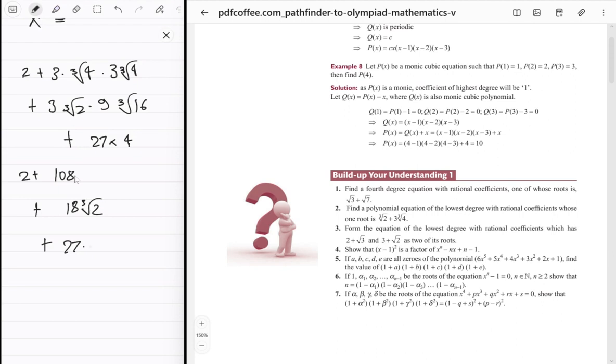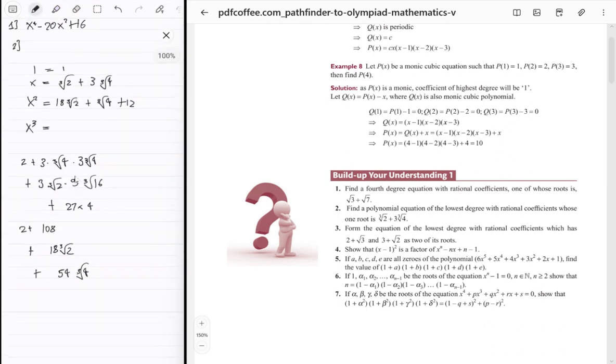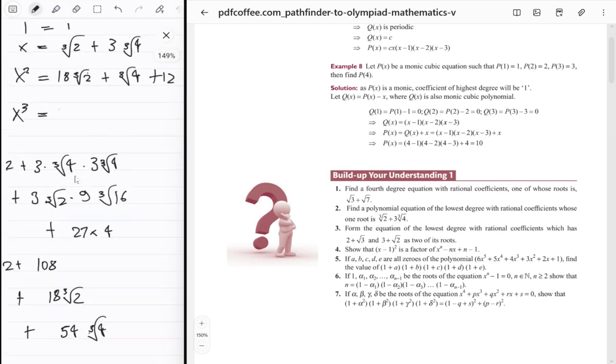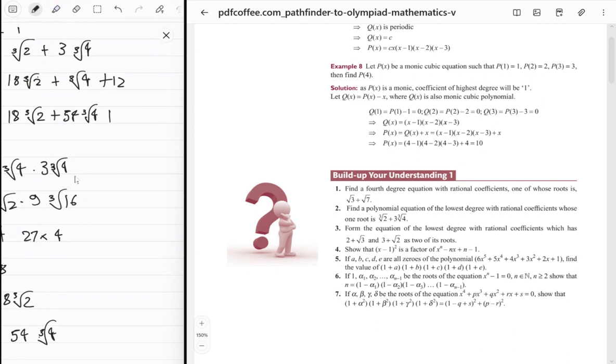It's going to be just 2 times cube root of 4. So you got 54 cube root of 4. Let's write that down: 18 cube root of 2 plus 54 cube root of 4. And then plus this guy, which is just 1, 0. Makes sense.